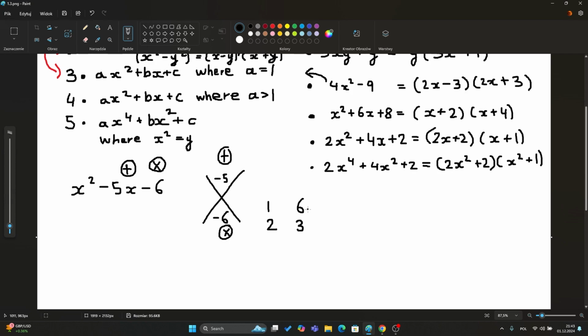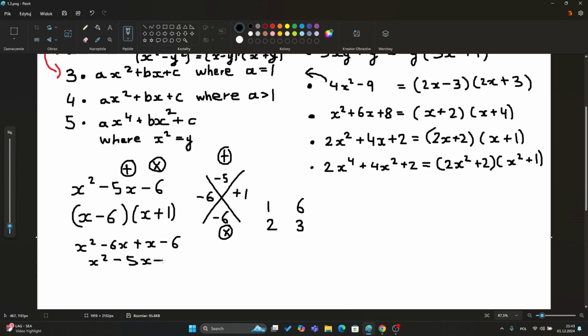And then here minus 6 and 1 will work, because if I do minus 6 plus 1, it gives me minus 5. And if I do minus 6 multiplied by 1, it gives us minus 6. Therefore, x minus 6 and x plus 1 is the answer. And if we expand the brackets, x squared minus 6x plus x minus 6, we see that it gives the same expression. So we factorized it correctly.